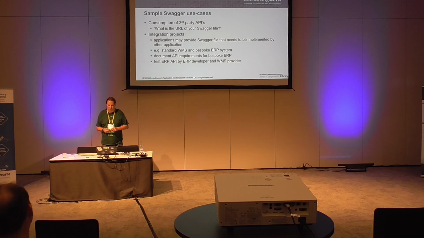The warehouse management system provided a more or less standardized REST API, which throughout the integration project got customized a little bit. But they had that before, and they also had a draft for a Swagger file that the ERP system should implement so that the warehouse system would know how to make calls to the ERP system, and the ERP system could use the Swagger file to know how to make calls into the warehouse management system.